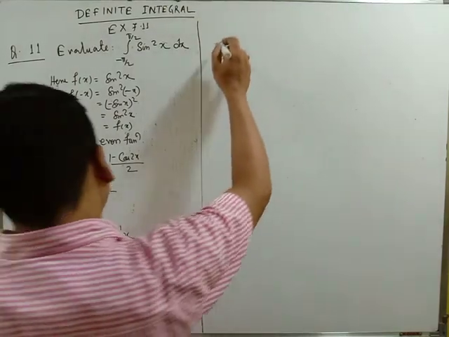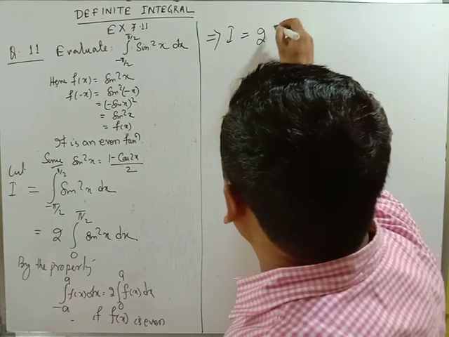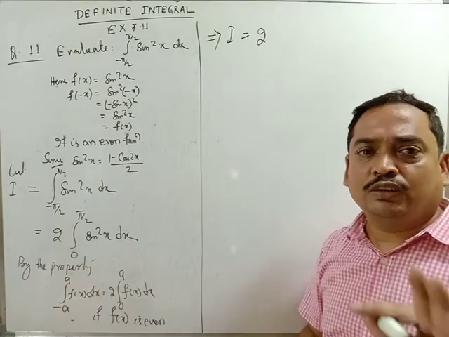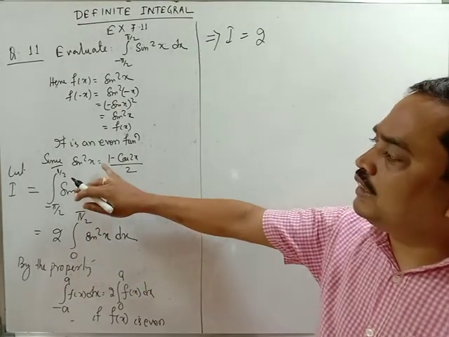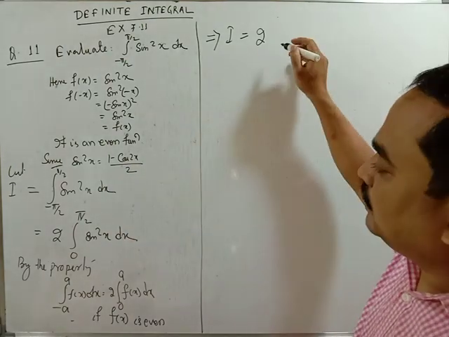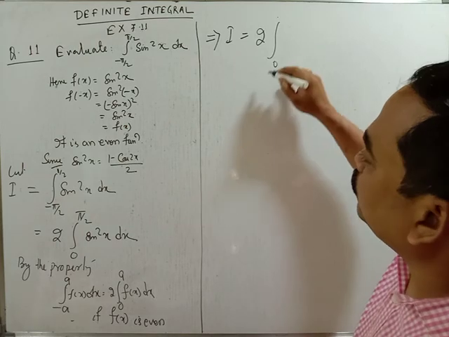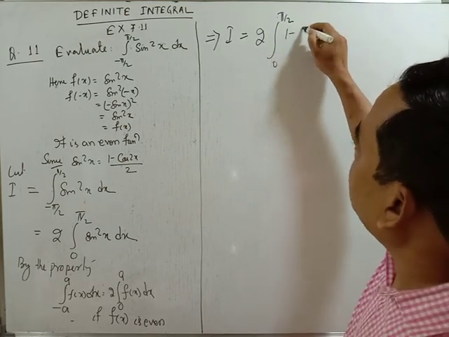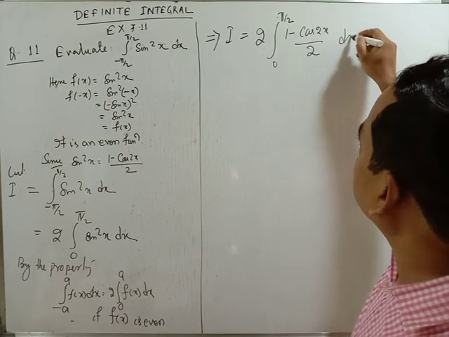Now, as we know, sine square x has no standard formula for integration. Sine square x can be written as 1 minus cos 2x by 2. Then this can be written as the integral from 0 to pi by 2 of 1 minus cos 2x by 2 dx.